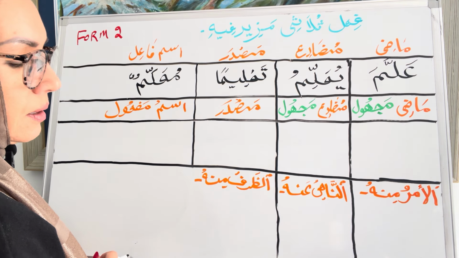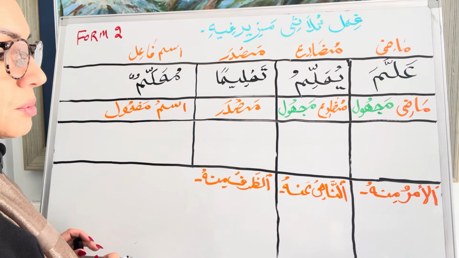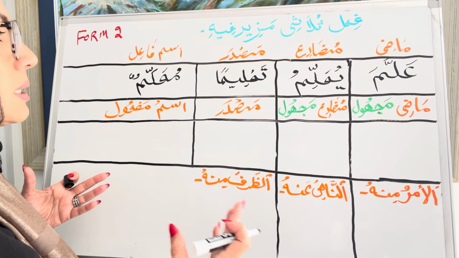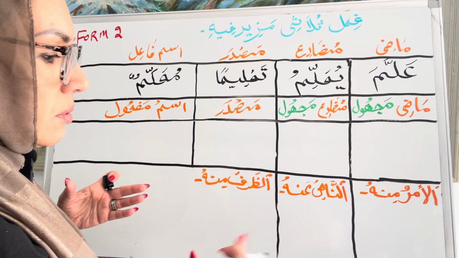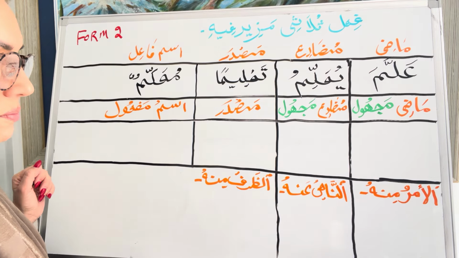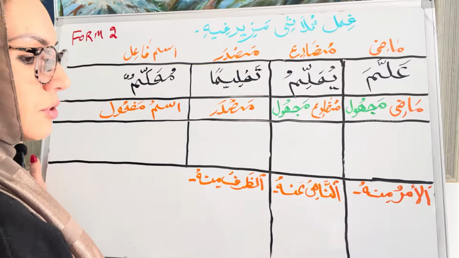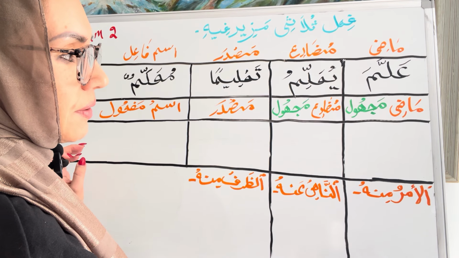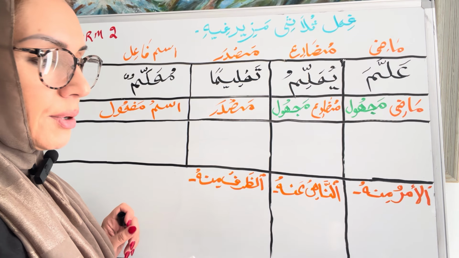Okay. And this means to teach, meaning allama, to teach. Yu'allimu. Mu'allimun, the one who is teaching. And now we have to go to the majhul version of this. Remember, with majhul, we see the sound is u-i, right?